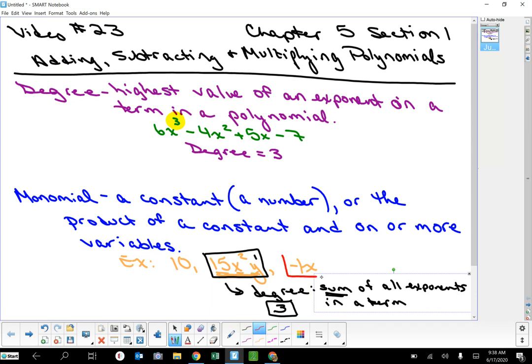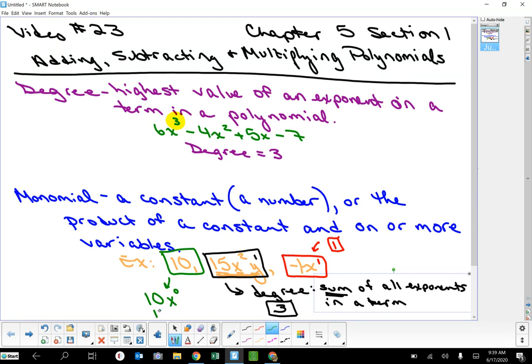How about the degree of the -1x? Well, if you don't see an exponent on a term, that's automatically a 1, and so the degree of that guy would be a 1. And what about the 10 here? Well, that doesn't have an x at all. Any constant is really a variable with a 0 degree because anything raised to a 0 degree is 1.